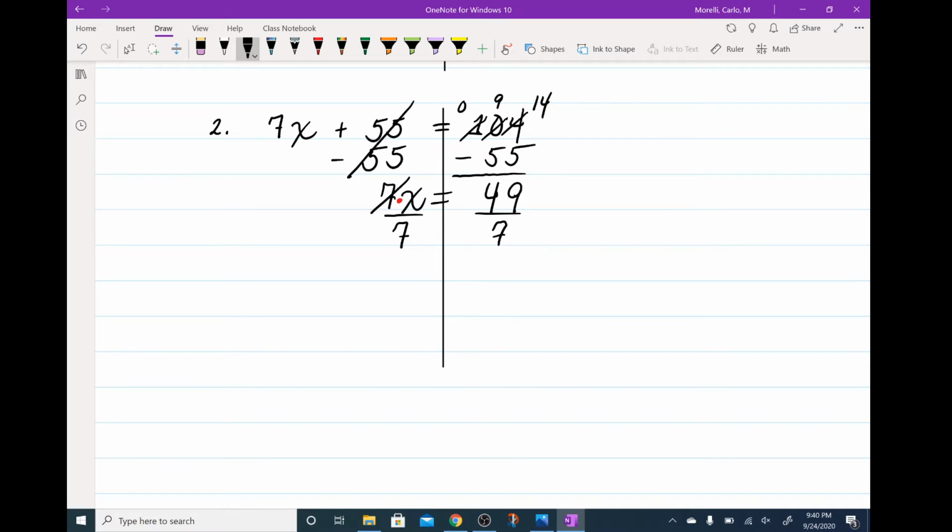And we will cancel those 7s out on the left because they're on top of each other. They divide out to 1, leaving behind the x equals, well, 7 times 7, 49. So 49 divided by 7 must be 7. X equals 7. Let's put that in a box. Let's move on to our next problem.